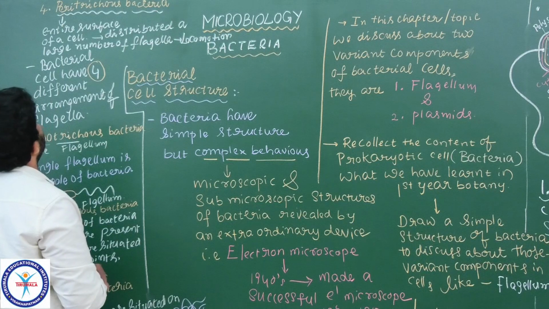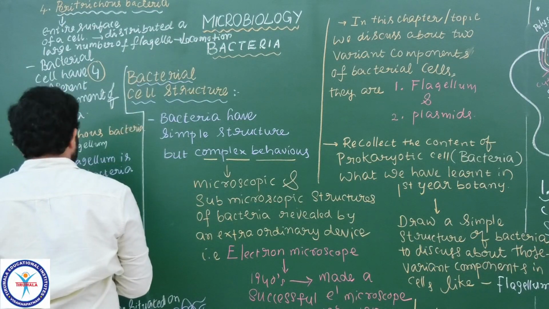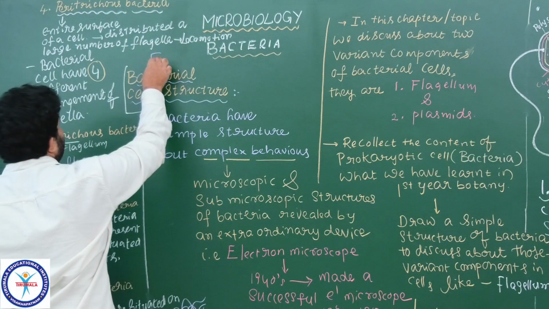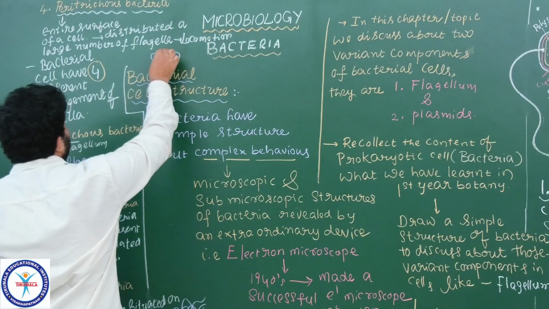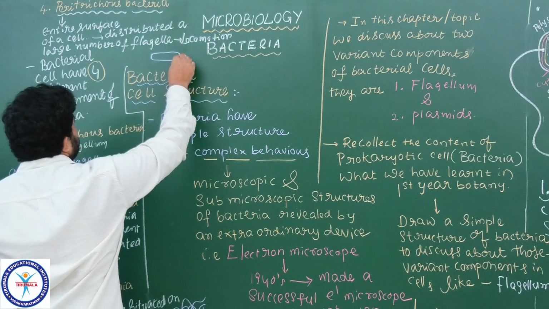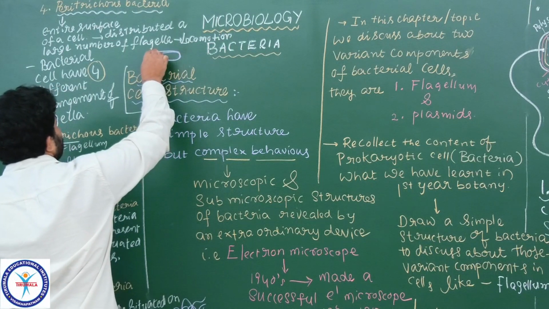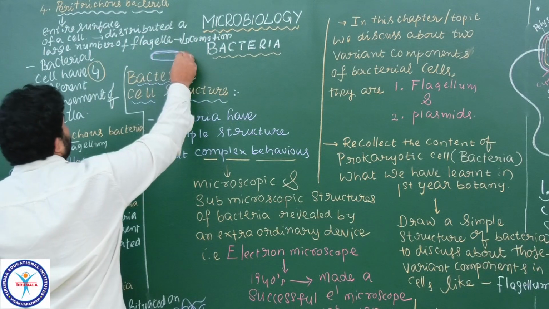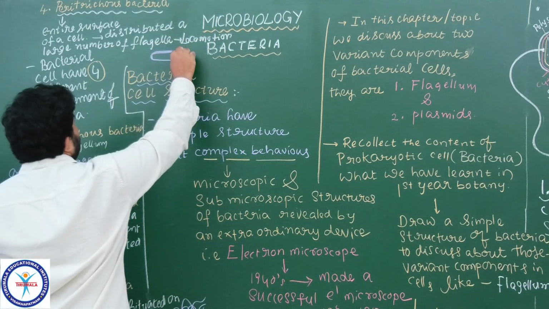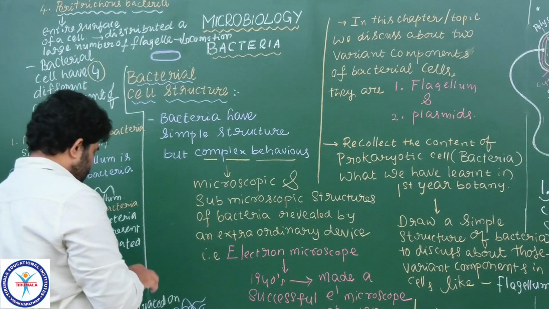The structure of this particular type of bacteria is like this. Suppose it is a bacterium, commonly we use Bacillus bacteria, or rod shaped bacteria. This type of bacterium is covered by a large number of flagella which are distributed over the entire surface of the bacterial cell like this.